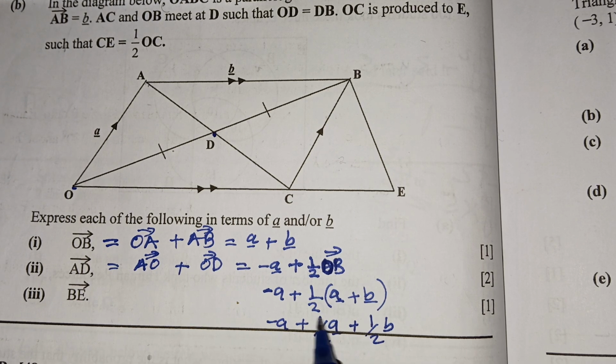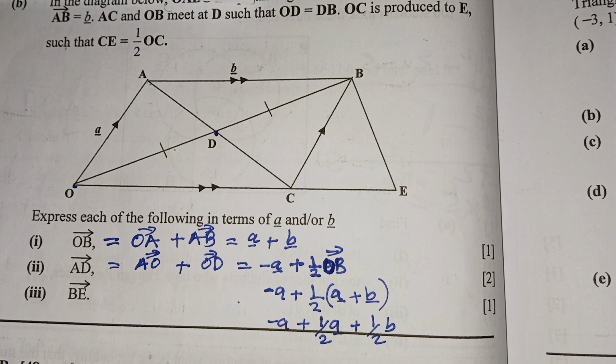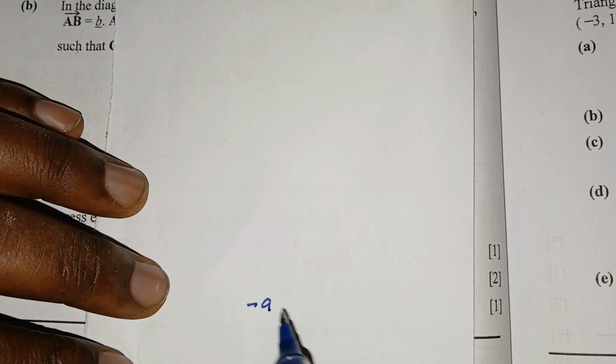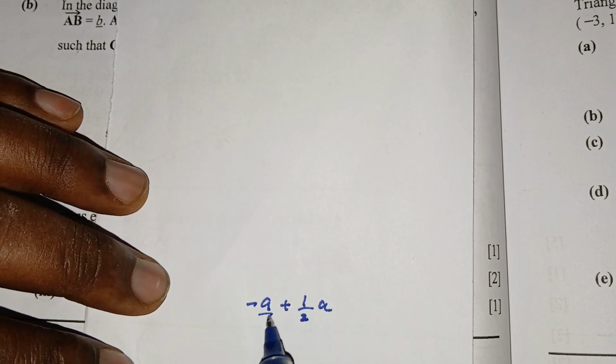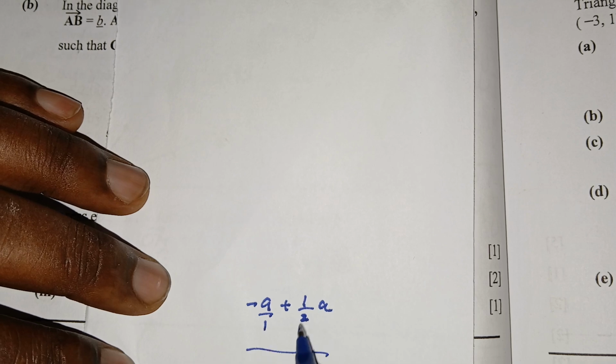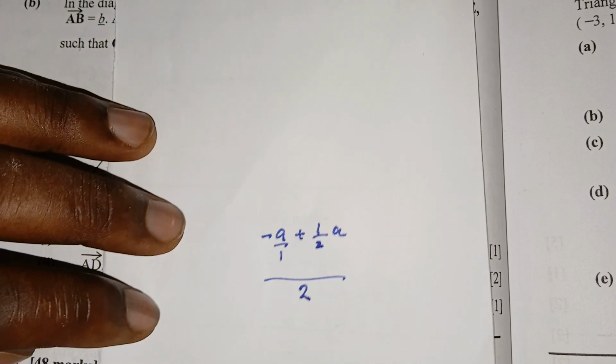Then now we work out these two here. These are like terms. If it's kind of difficult for you to work it as it is written this way, you could easily bring this one the other side. So we say we have minus a, then plus 1 over 2a. If we put a 1 here, what are we going to get as our lowest common multiple? Put a 2. I'm trying to do all this for your sake, ladies and gentlemen, so that you understand.